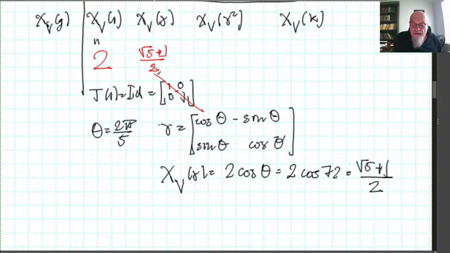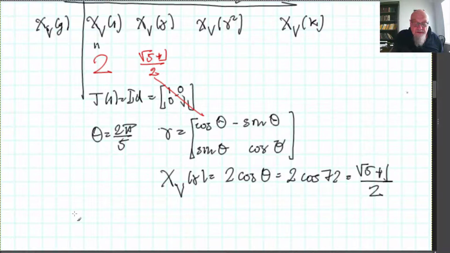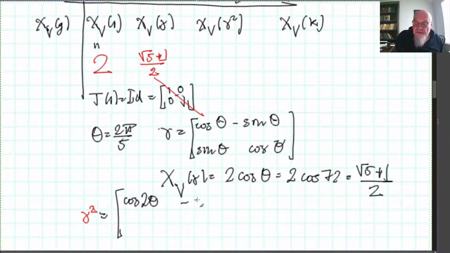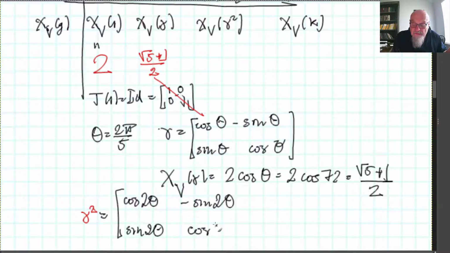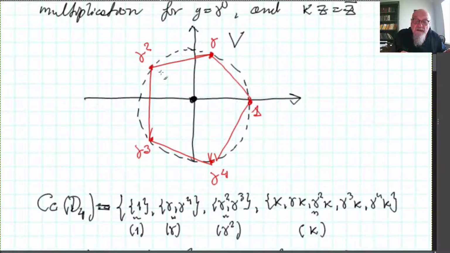And similarly, let's do the next one. So what do I get here? For gamma square, the matrix is again cosine 2 theta, minus sine 2 theta, sine 2 theta, and cosine 2 theta. So where is this cosine 2 theta? Cosine 2 theta is here. So what is the cosine of this one?